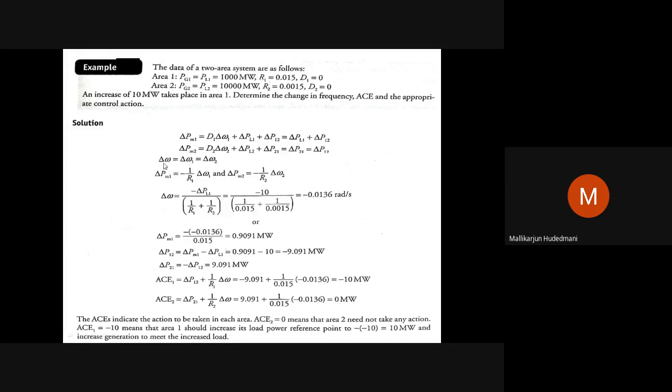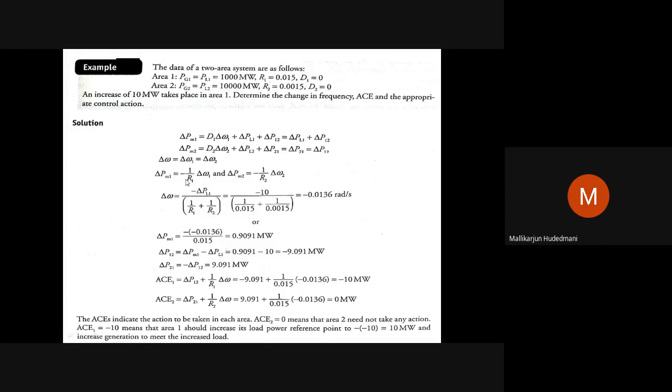And from the droop representation of the governor generator characteristics, what can I write for delta PM1, delta omega and R? What is droop? Droop is delta omega by delta P. So if I take R to the other side, delta PM in the denominator, it becomes delta omega or delta F divided by delta P, the share of that area, equal to droop.